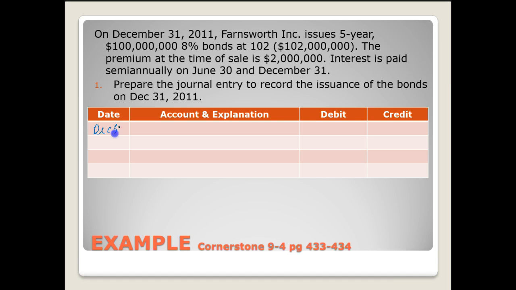So this is a review of how we record the issuance of a premium bond. We're going to reflect how much cash was actually received, which was $102 million. So I'm going to debit the $102 million to my cash account. And then I'm going to have to record the premium on bonds payable, which is going to be the difference between the cash I received at the time of sale and the actual liability.